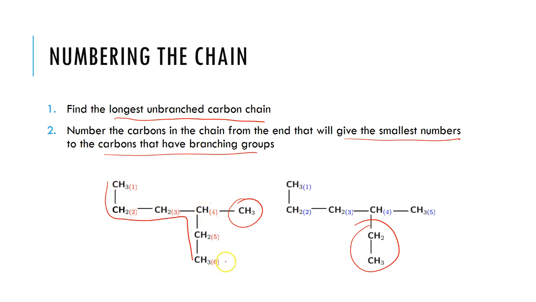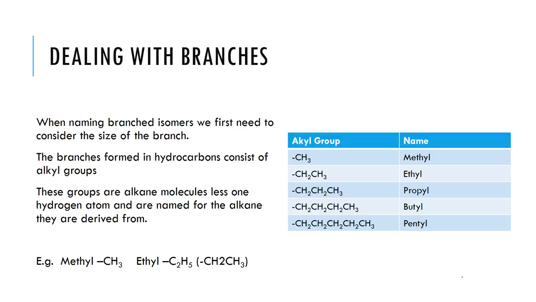If we actually number from this end, 1, 2, 3, 4, 5, 6, you will see that this one is actually off a carbon with a lower number. So we would actually number from this end being 1, and this molecule would actually be called 3-methyl hexane, 3-methyl hexane.